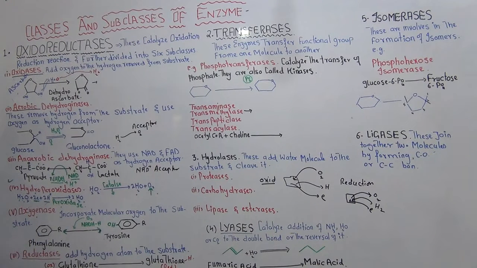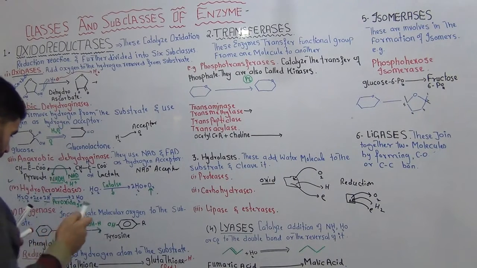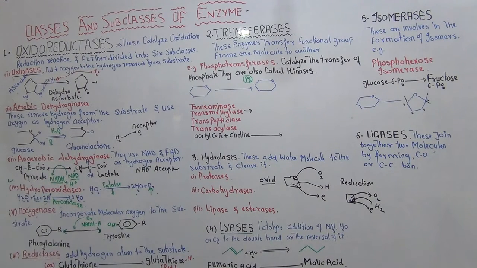So here you can see there is a structure called glutathione. Glutathione is actually a combination of 3 amino acids. Let me write just simple 3 amino acids. This is 1 amino acid, this is another amino acid, and this is the 3rd amino acid.